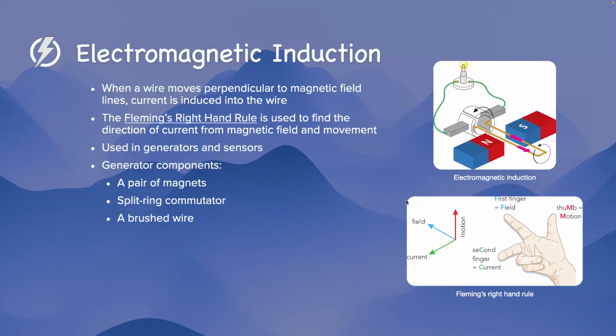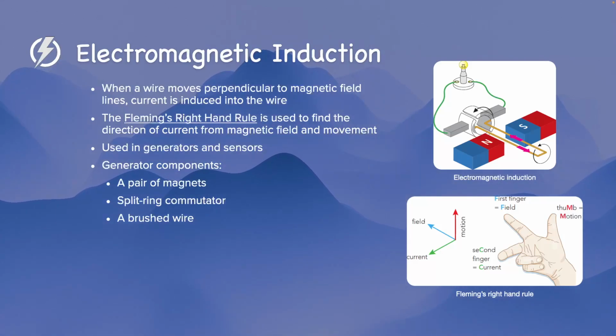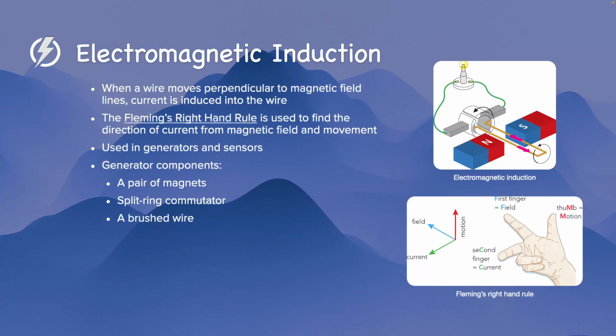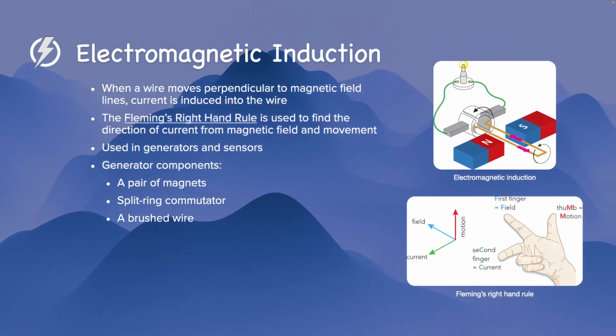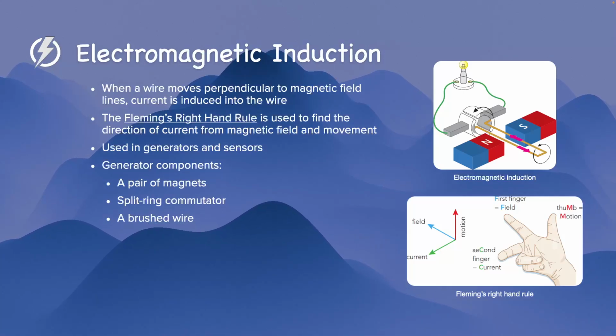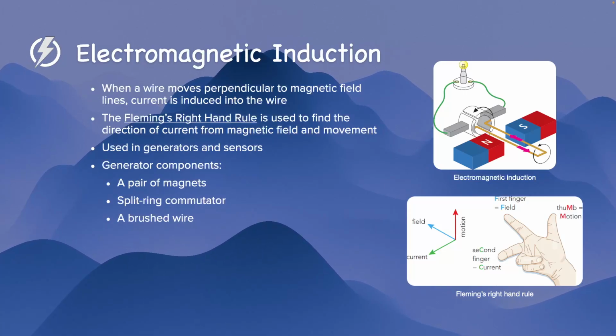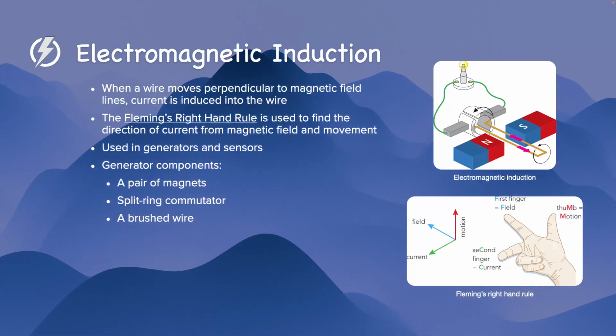Electromagnetic induction is the very opposite of creating a force using an electromagnet. This is done when a wire moves perpendicular to a magnetic field. Basically, it cuts through magnetic field lines. That is when electrical current is induced into the wire. This concept is used in generators, which perform generation of electricity from maybe mechanical or thermal energy.